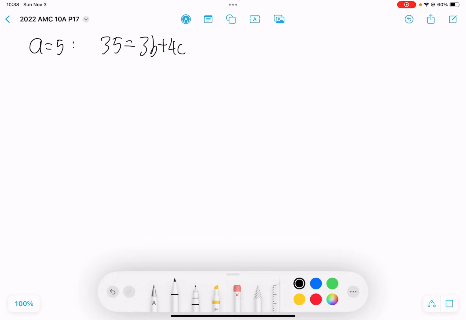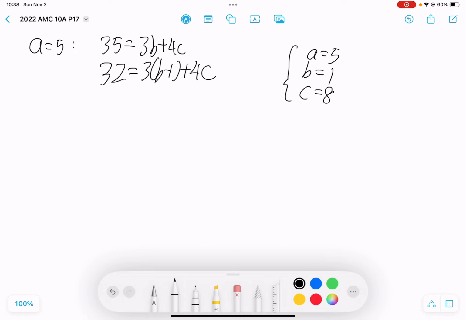So we can try that out. We have 32 is 3 times b minus 1 plus 4c. This works out because 32 is a multiple of 4. So one solution would be a is 5, b is 1, and c is 8. So this is another solution.